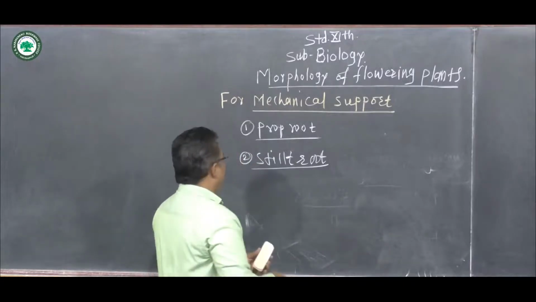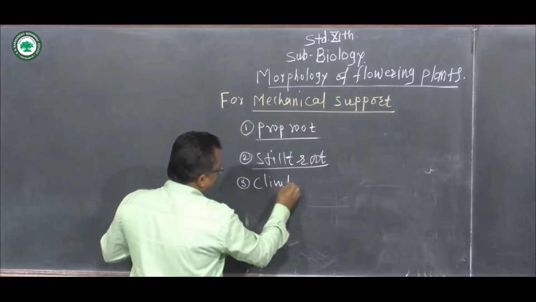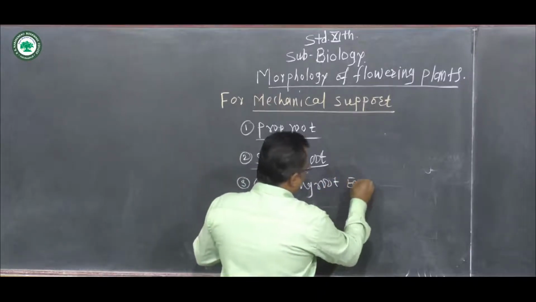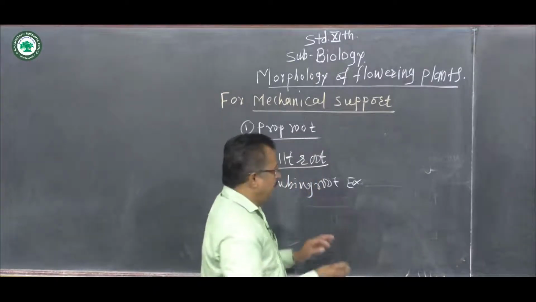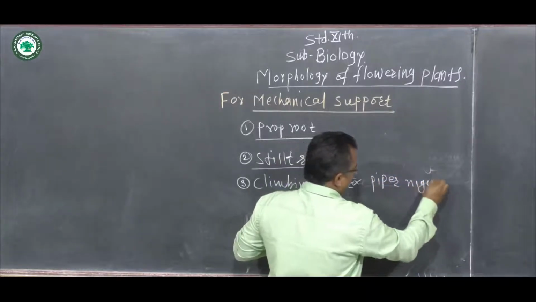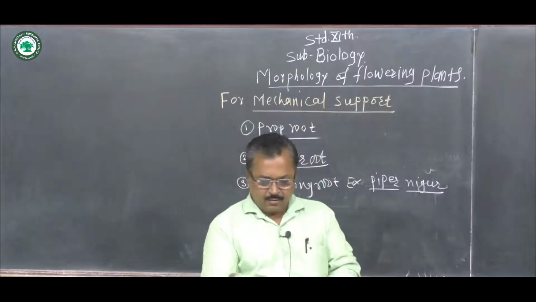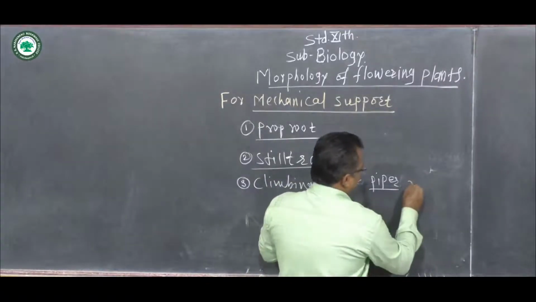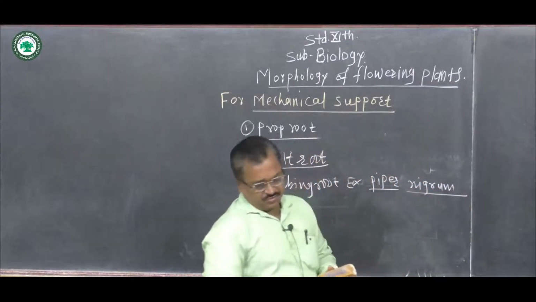Then the climbing root, the third type. For example, climbing root, here Piper nigrum, also called Kali Mirch.